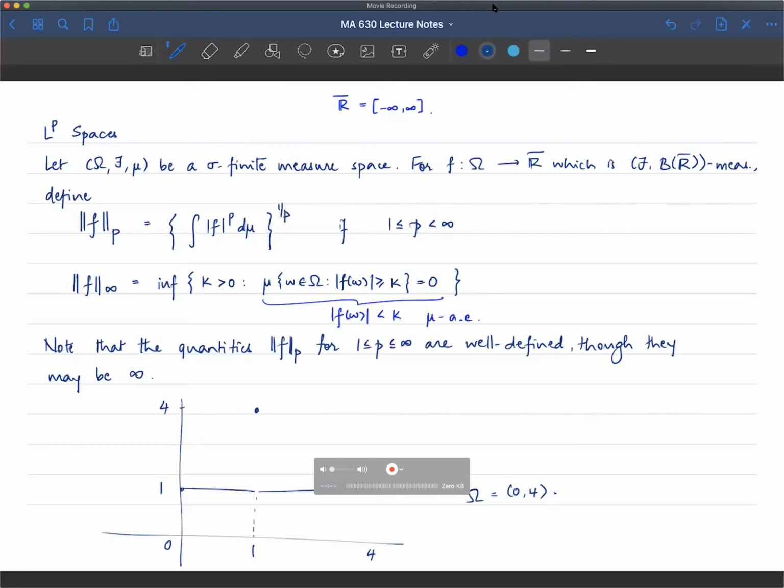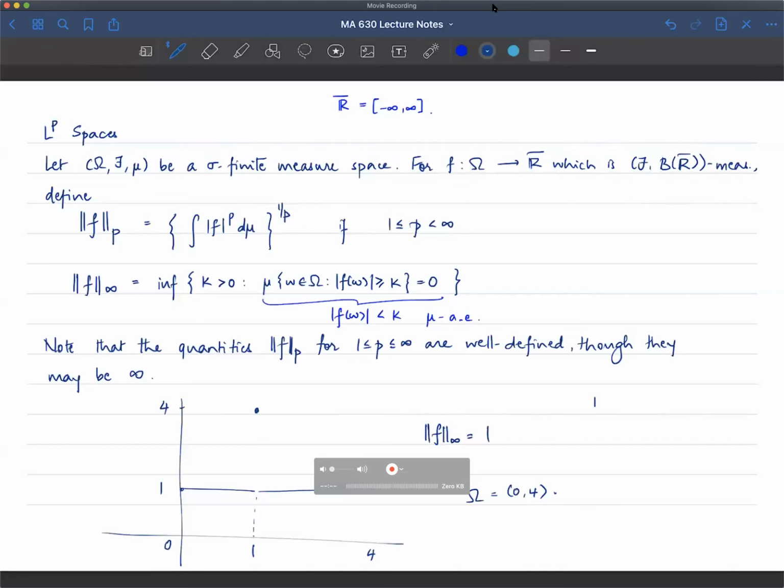However, if I looked at the measure of the set where the function is bigger than 1, that is 0. So actually this would be a good illustration of this. This number would be 1. You will ask yourself, for which k is the function less than k almost everywhere?